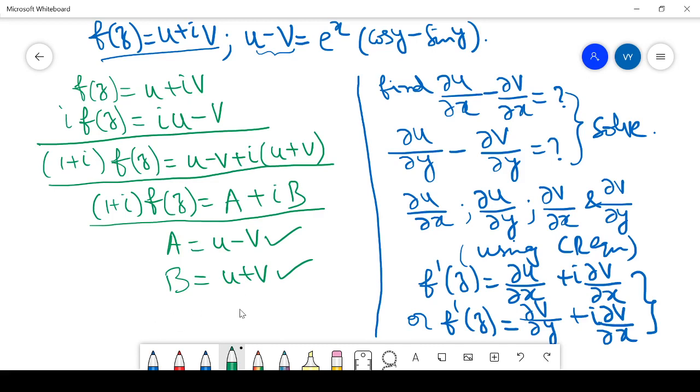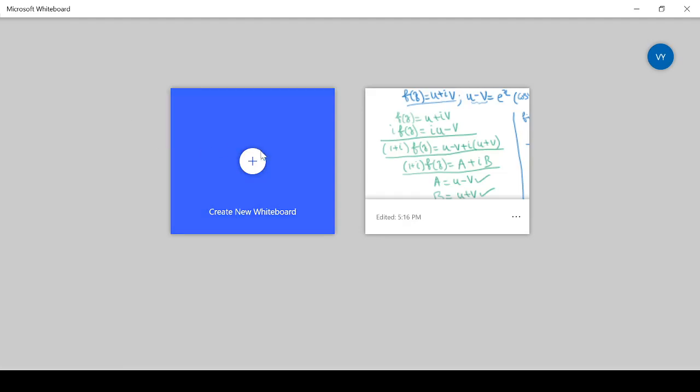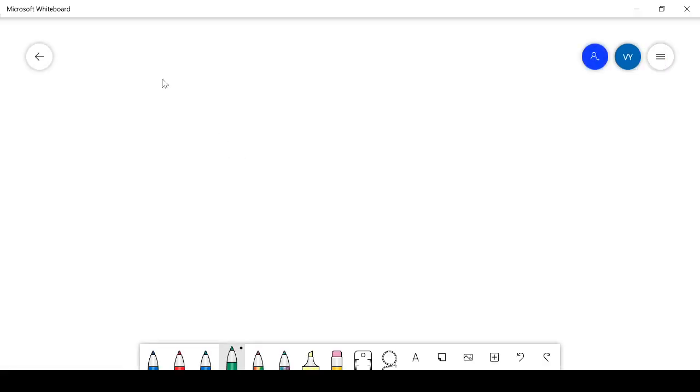Now when I use Milne's method, I can easily find f(z). From Milne's equation, the real part a is equal to u minus v, which is given as e^x (cos y − sin y).